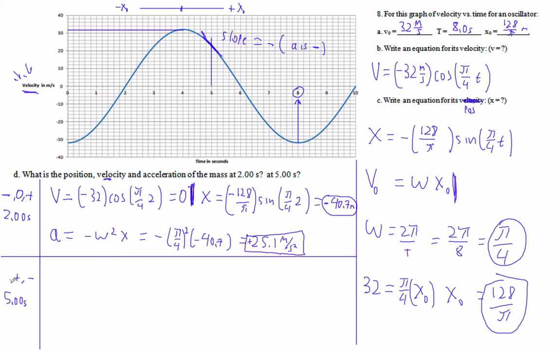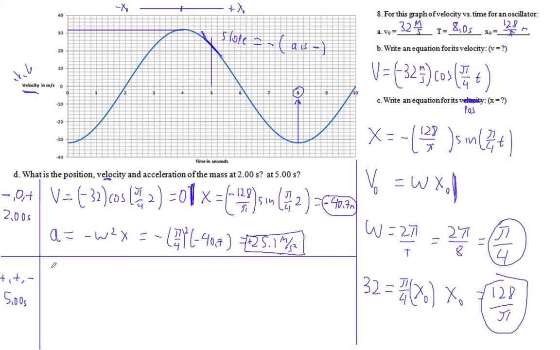Which of course means that my position has to be positive. I'm to the right of the origin, and it's pulling me to the left. So those are my predictions: a positive position, positive velocity, negative acceleration.